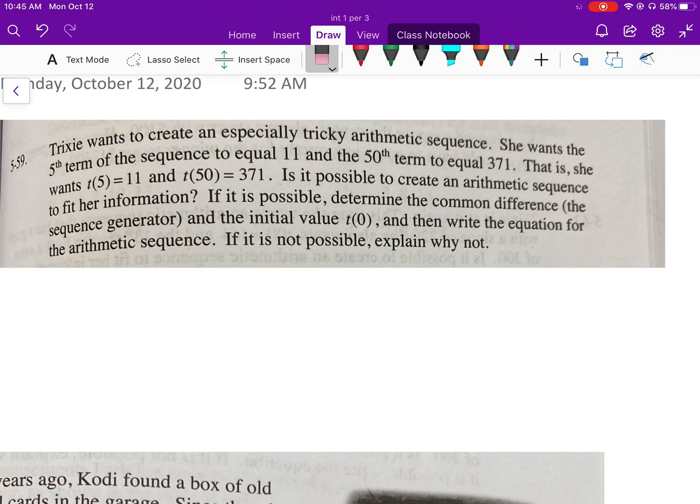Anyway, Trixie wants to create an especially tricky arithmetic sequence. She wants the 5th term in the sequence to equal 11 and the 50th term to equal 371. Now they use a different little notation. Instead of using T, we use A. So A sub 5 equals 11 and A sub 50 equals 371.